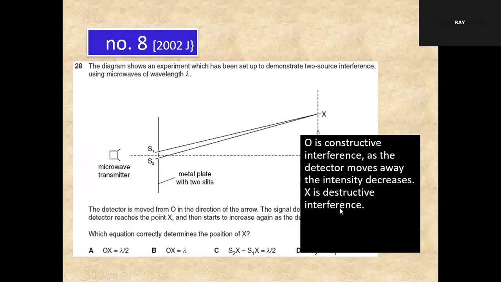This is the central maximum. So you subtract S2x minus S1x, it is half of the wavelength.